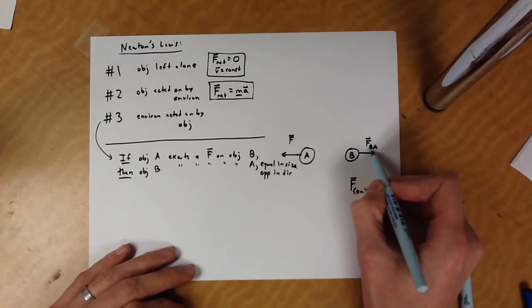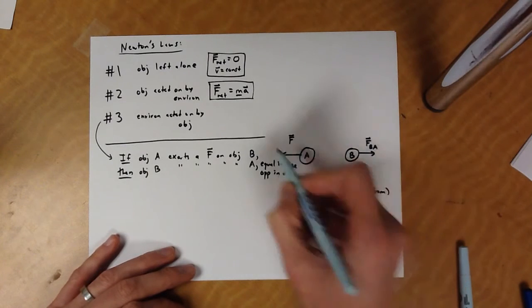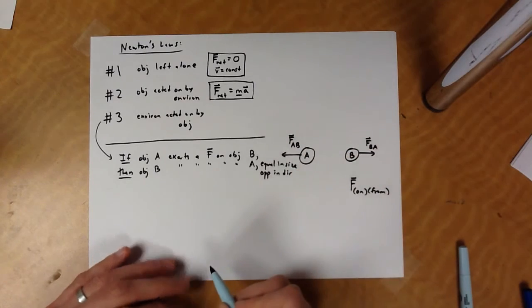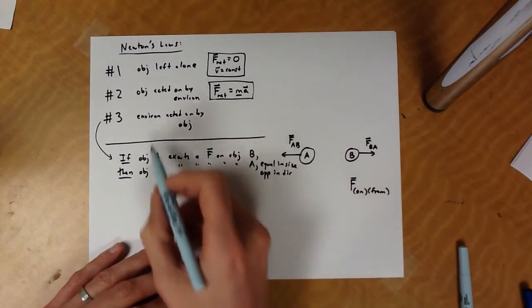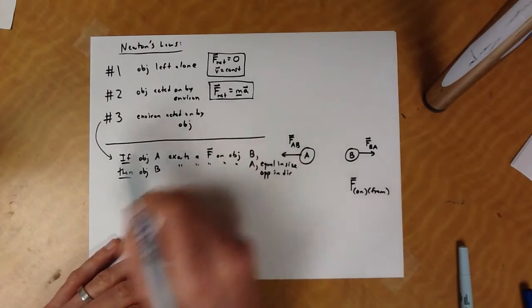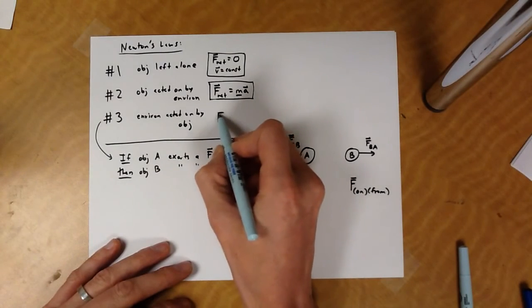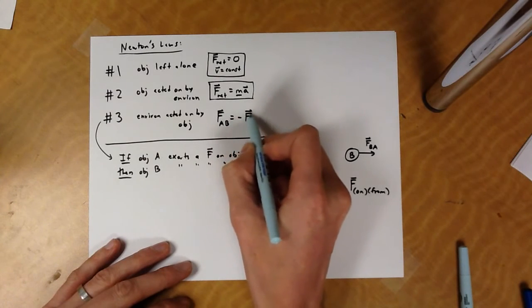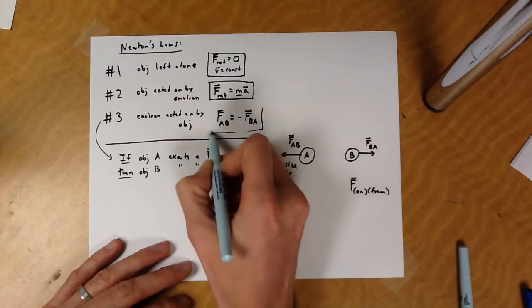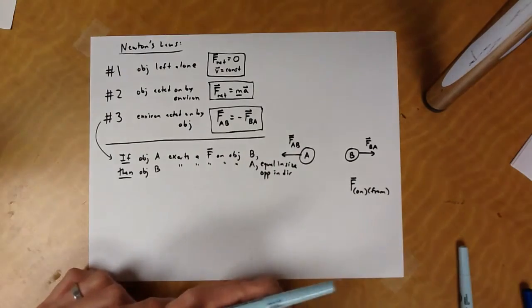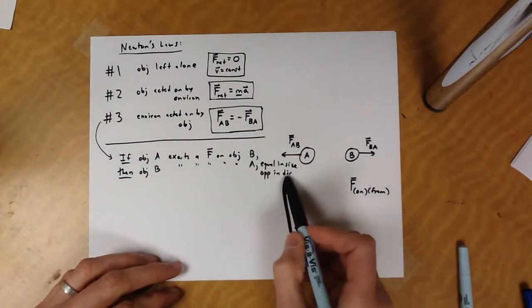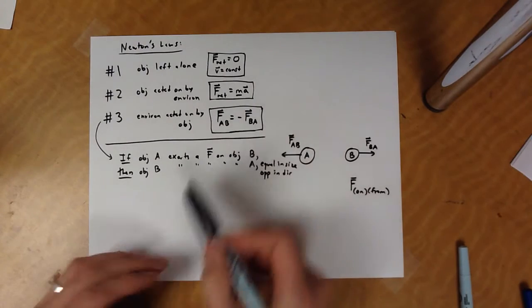And then this would be the force on A from B. One way you could write Newton's third law in equation form is F_AB equals negative F_BA. That's saying they're equal in size, and the minus sign means they're opposite in direction. They're not just equal, they're equal and opposite.